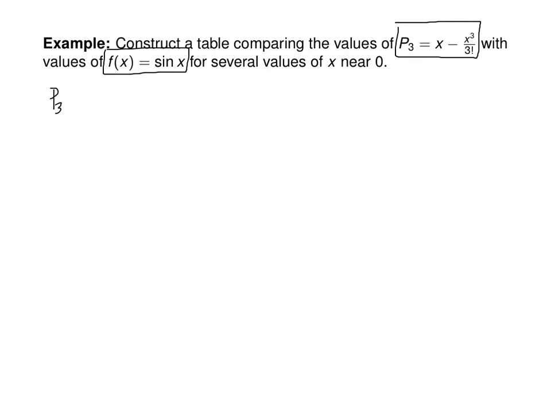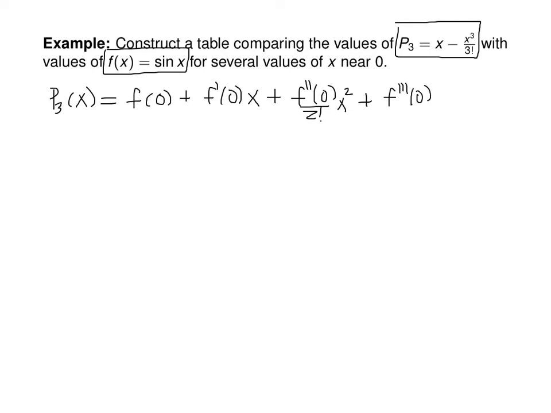So p3 of x, as we just discussed, will equal f of 0 plus f prime of 0 times x plus f prime prime of 0 over 2 factorial times x squared plus the third derivative at 0 over 3 factorial times x cubed.